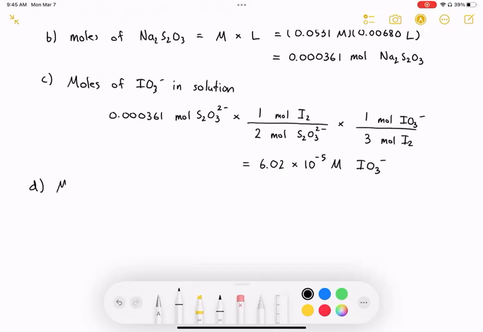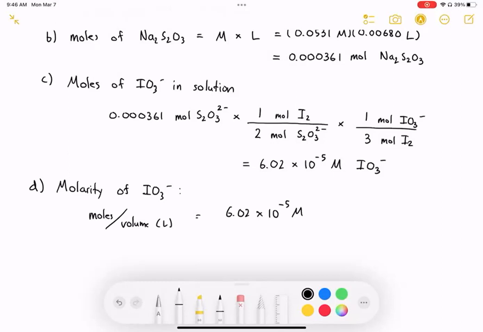So molarity. We're going to take the moles. So molarity is moles over volume in liters. So we do 6.02 times 10 to the negative 5th moles.